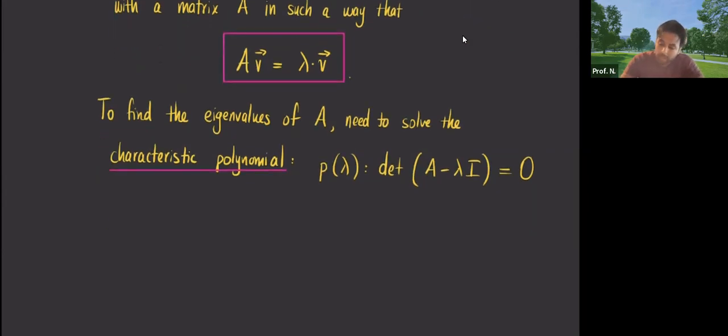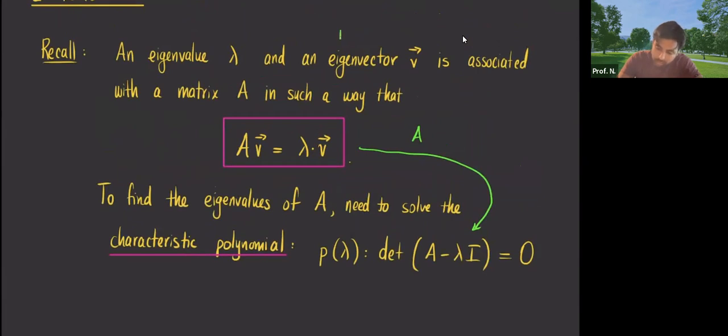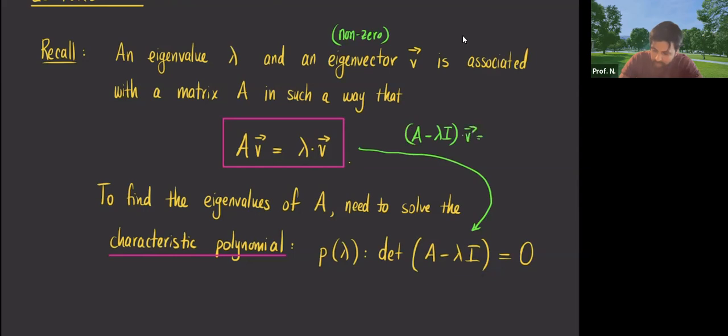And again, where did this expression come from? Why determinant, and why A minus lambda I, and why 0? This comes from the very nature of this problem. If you were to solve for V, another thing, the eigenvector is non-zero. That was another important thing. So when you solve for V, you get a homogeneous system.